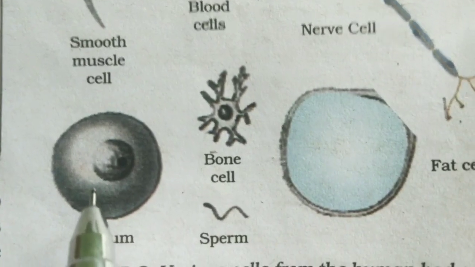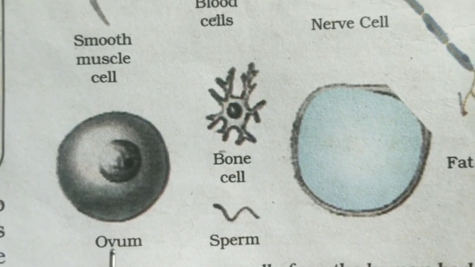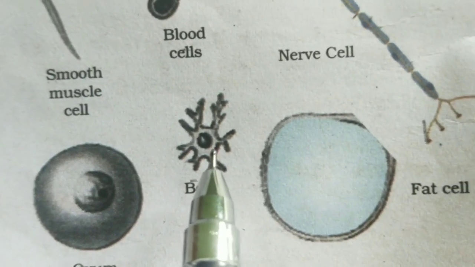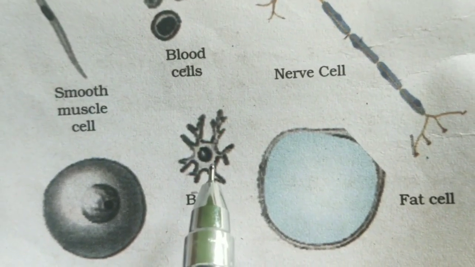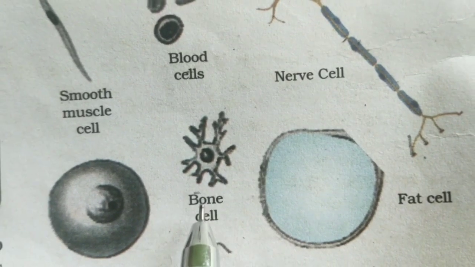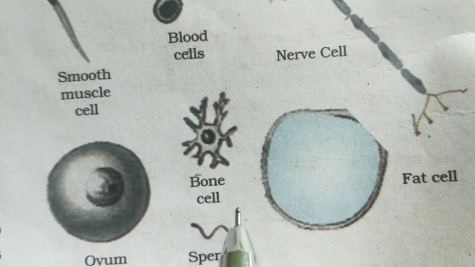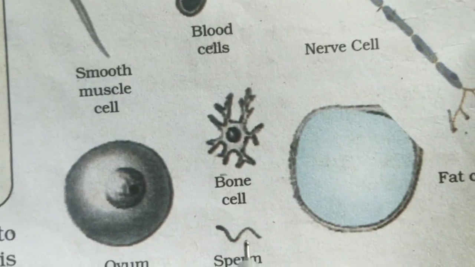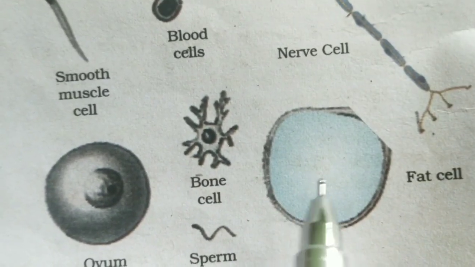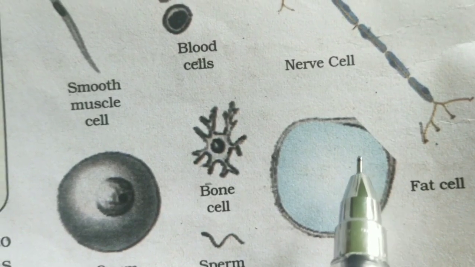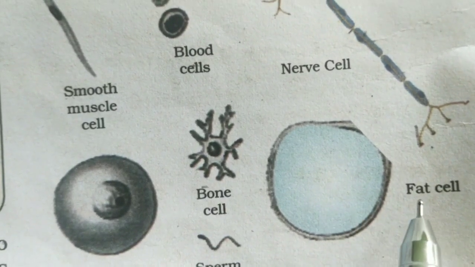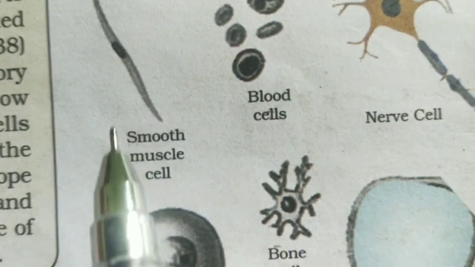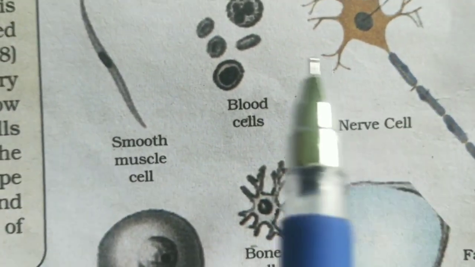And some are round, like ovum or the egg. Some are branched, bone cells. Some are elongated, like sperm. Some are oval, an example is fat cell. This is how the cells vary in their shape.